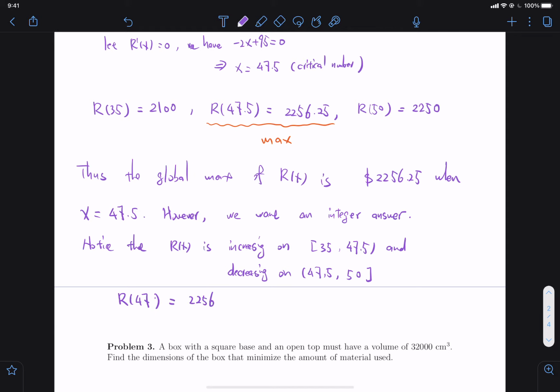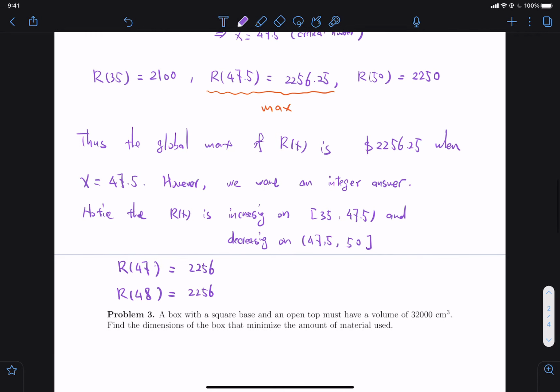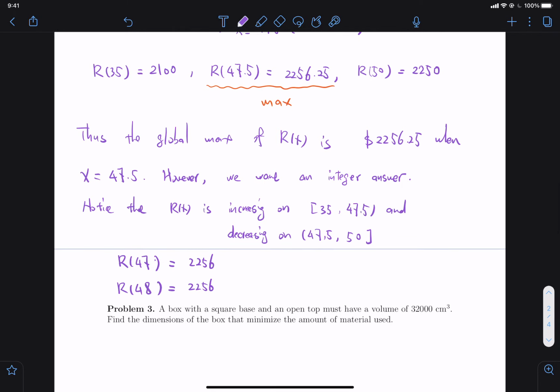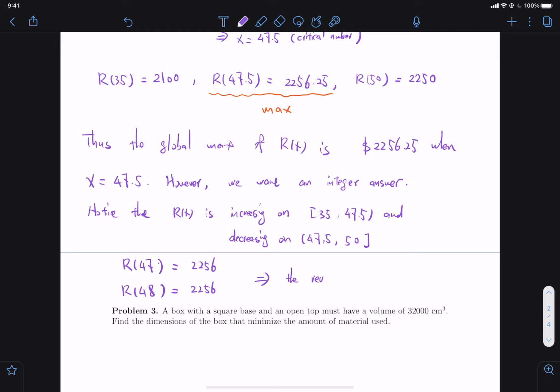We compare these two numbers, which are the closest to the point 47.5, and see that they are the same. So now we can say that the revenue is maximized when the group has 47 or 48 people.